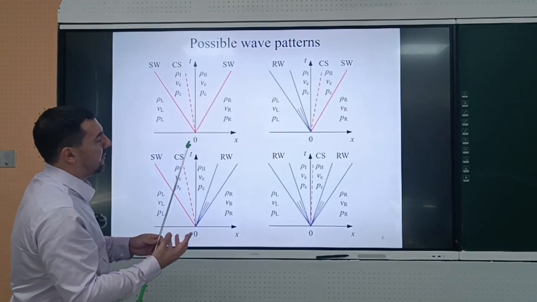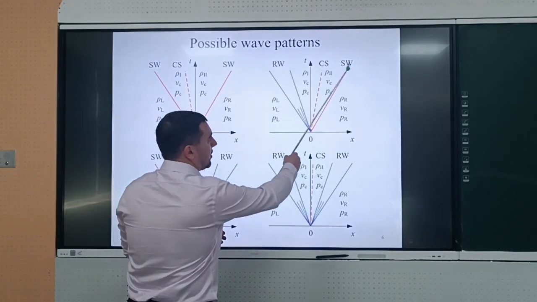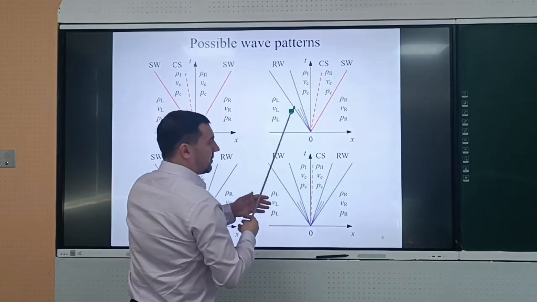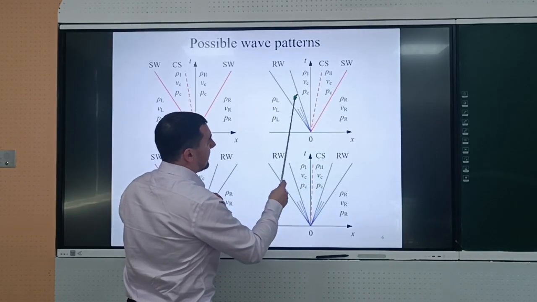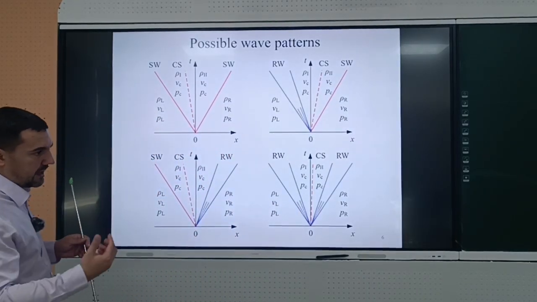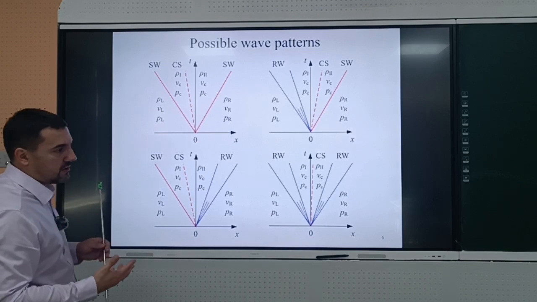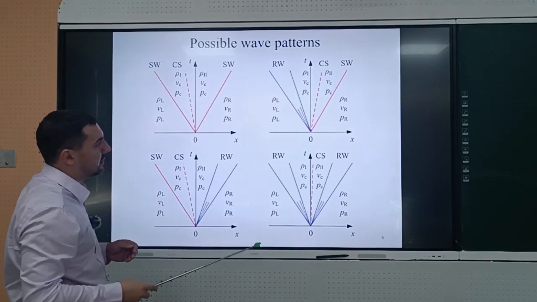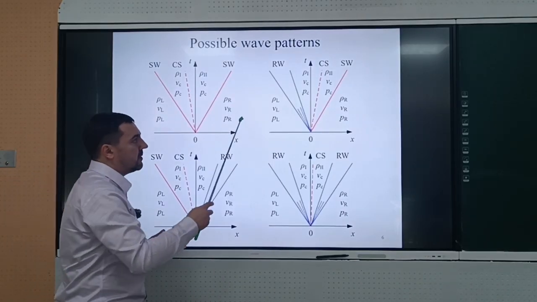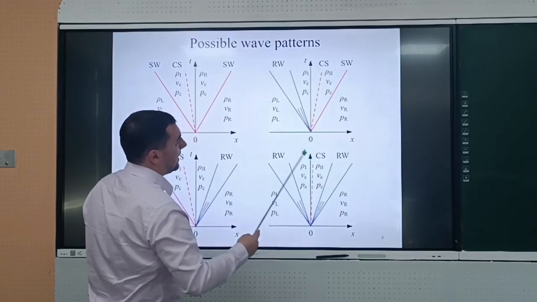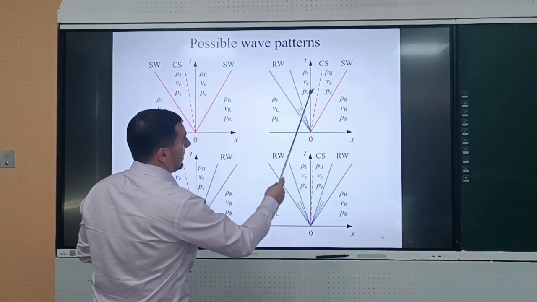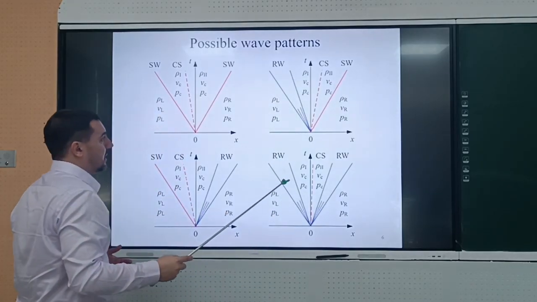Let's find the parameters behind the shock wave or rarefaction wave from one side and from the other side, and then we must say that this pressure should be the same. In this way, we will obtain a nonlinear algebraic equation for pressure at the contact surface. We will find it, and after that, we will be able to find all other parameters for the solution of the Riemann problem, namely the speed of the shock wave, velocities, and so on and so forth.